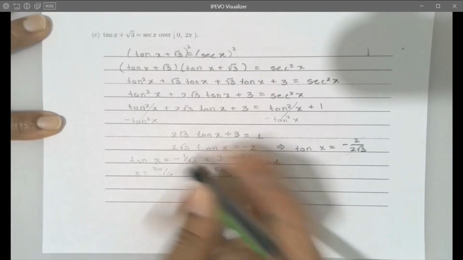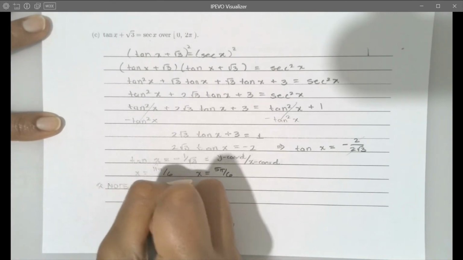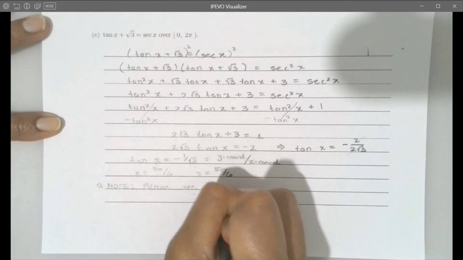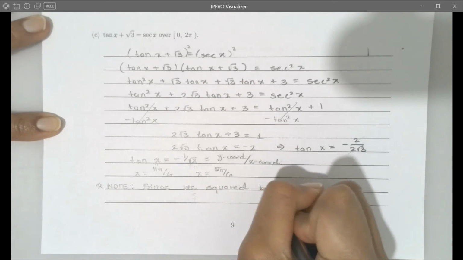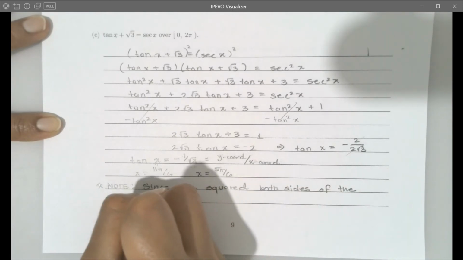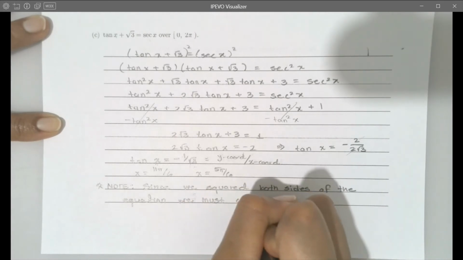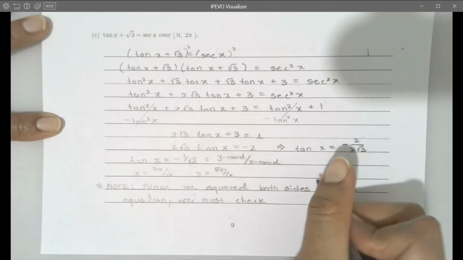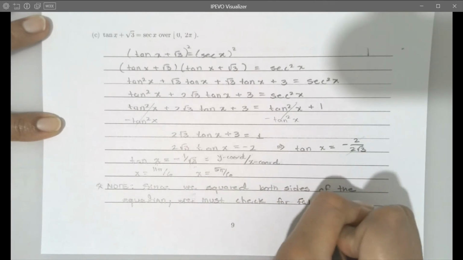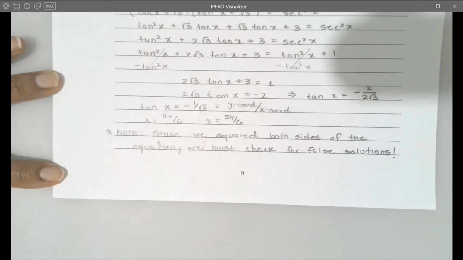Okay, so I'm going to write this down here. Alright, and again, I'm going to do this on a separate sheet of paper because I don't have a space.